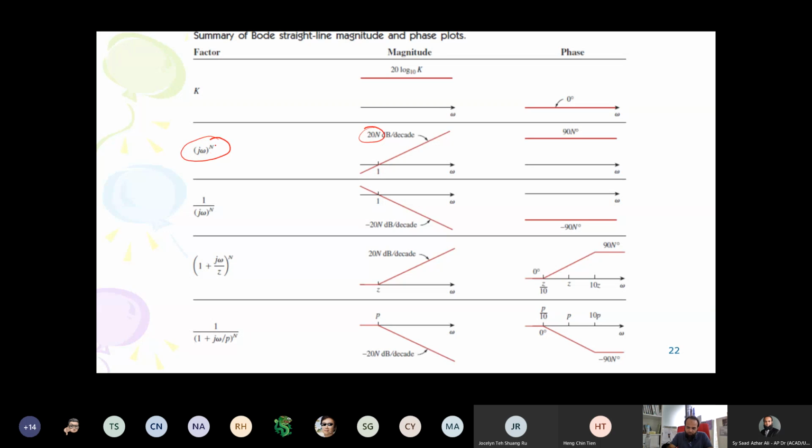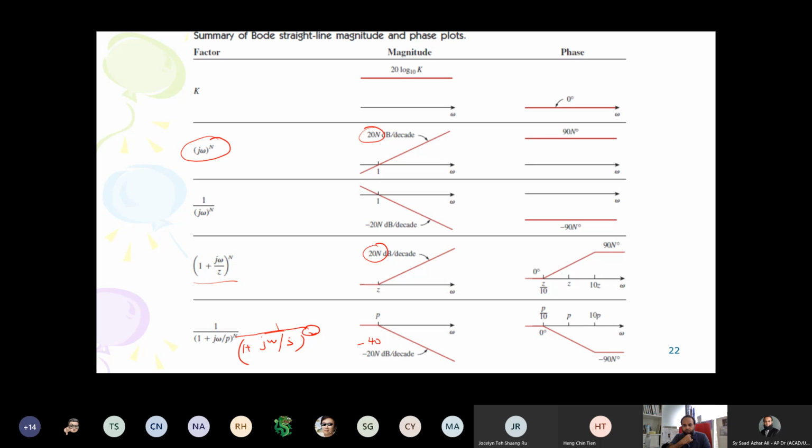If it's like 2 or 3 or 4, similarly, if it's a simple zero to the power n, it will be 20 times n dB per decade. Here we have 1 plus j omega upon 5 squared, so n is 2. So we'll get 20 times n, so minus 40 dB per decade for that particular pole.